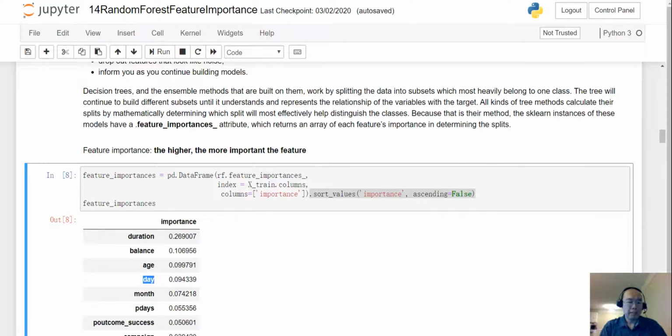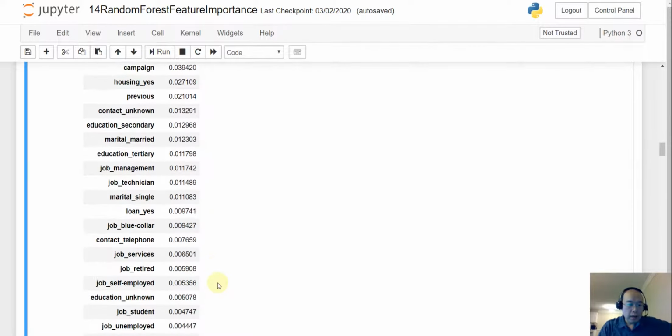Okay, so if you go down here, the job. So job management, job technician, and job blue collar. What are they? They are the job column after we have done the one hot encoder, right? So there are a lot of distinct jobs.